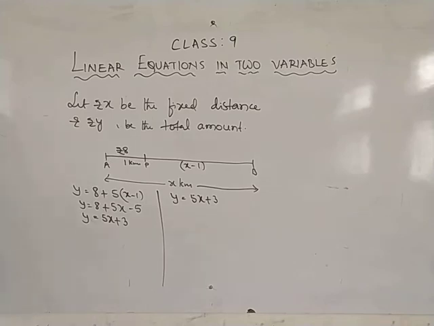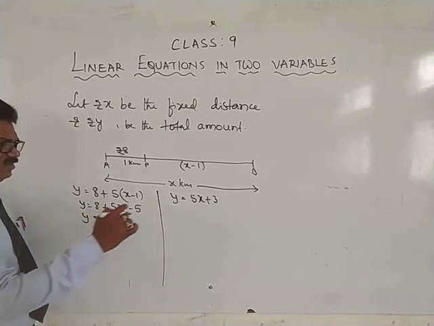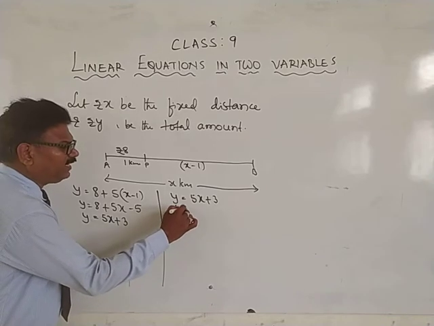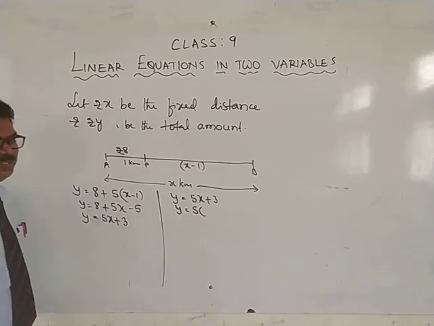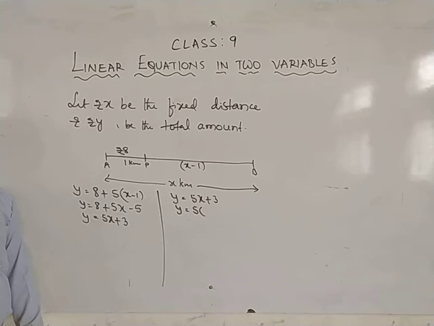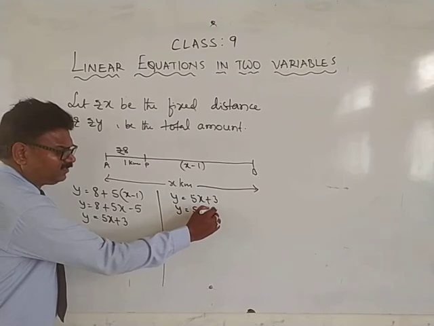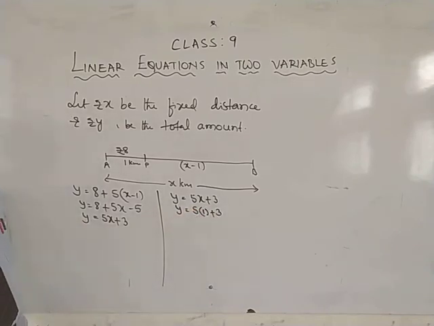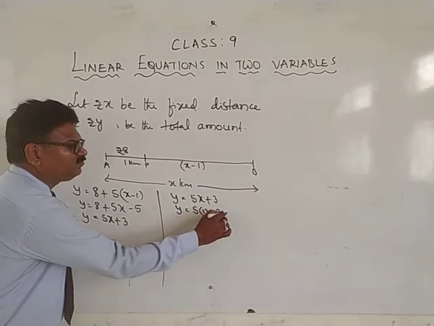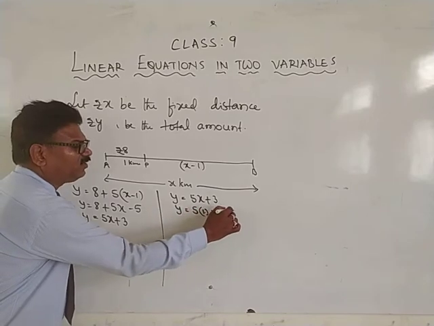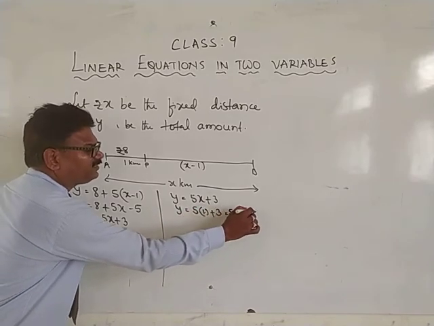We will find the amount for the first kilometer. What should we substitute for x? First kilometer means 1. 5 into 1 is 5, plus 3, how much?